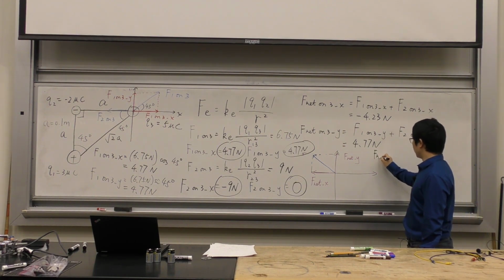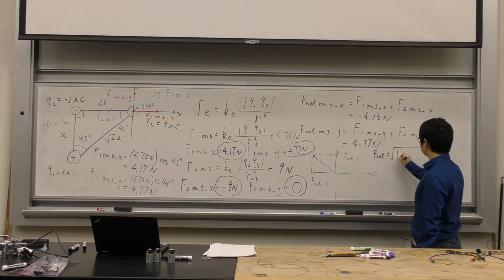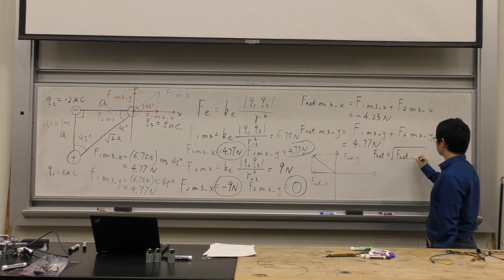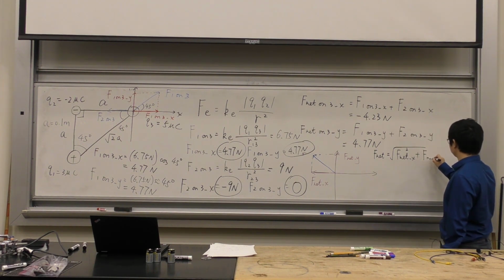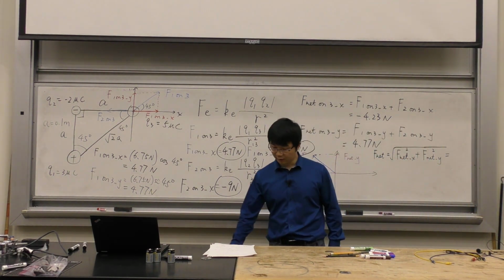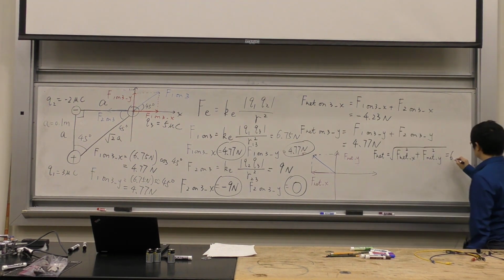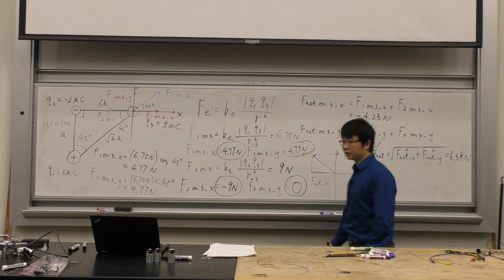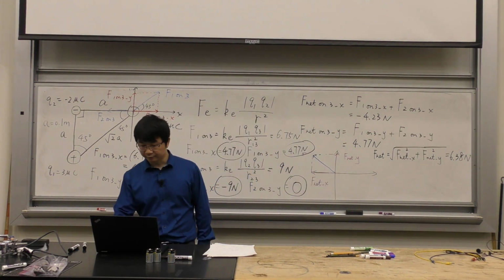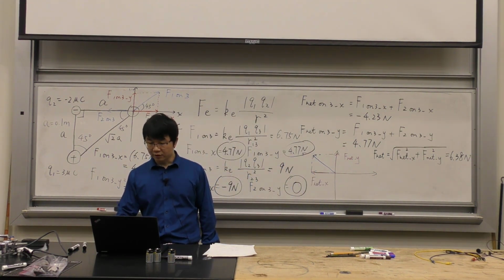For the magnitude, you just do X squared plus Y squared, and then square root, right? Still the Pythagorean theorem. All right, so the number I got is 6.38 newtons. So that's the magnitude of the net force Q3 feels, 6.38 newtons, right?